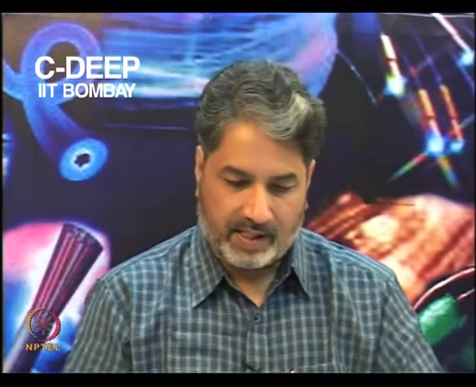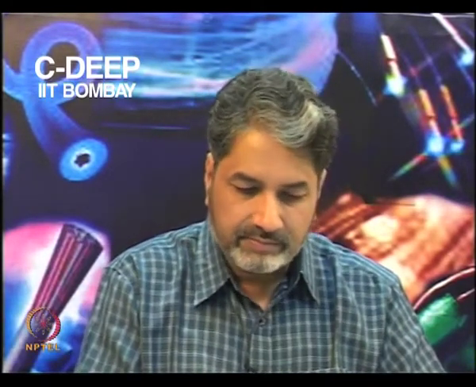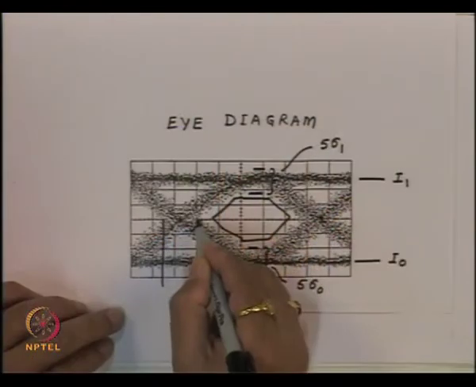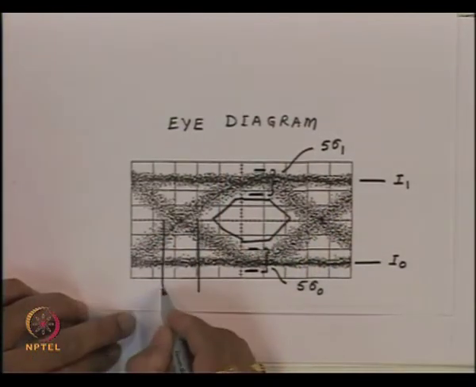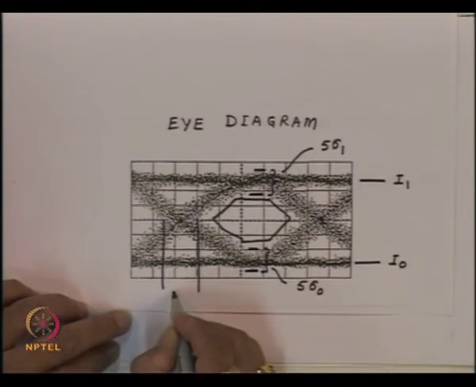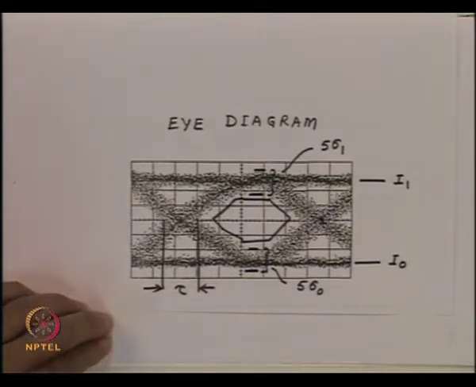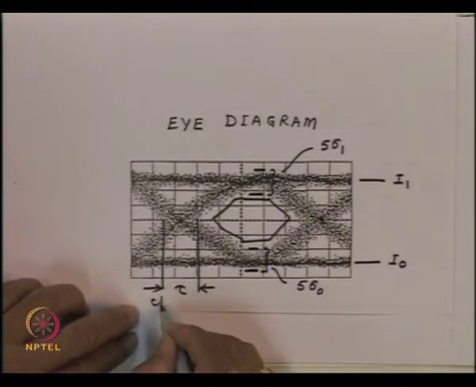that means the two frequencies of the data and clock are not the same, then these points will slightly wander around. So, the width which we see in the horizontal direction for the eye diagram is a measure of the clock jitter in the data. We can take the deviation from this direction, and that is what is called tau, which is the clock jitter.